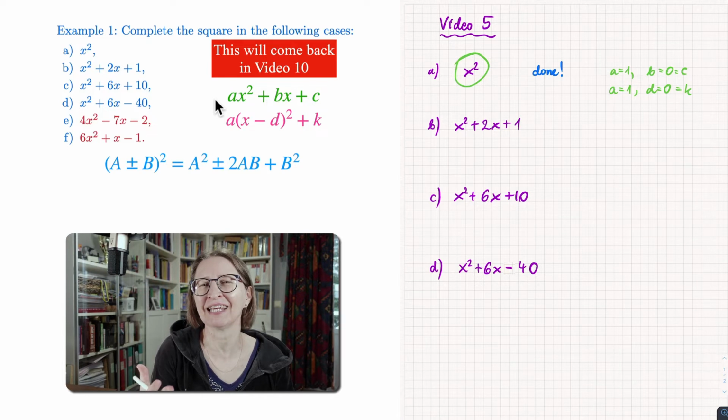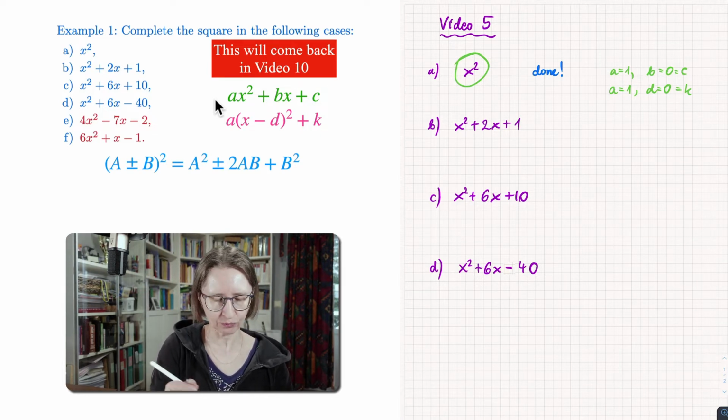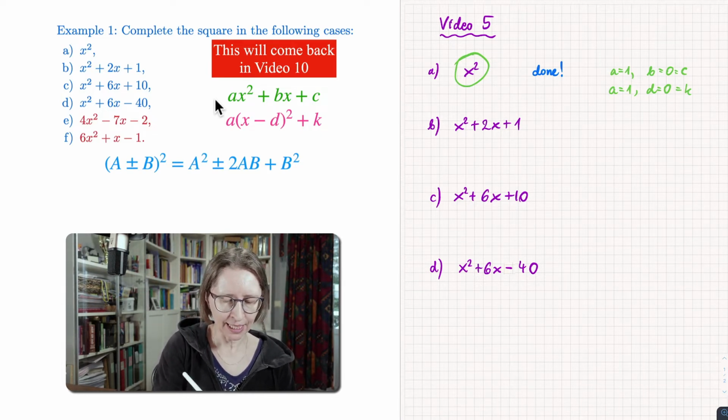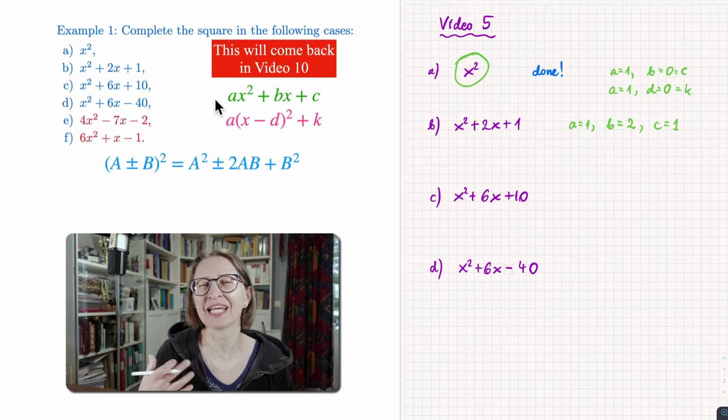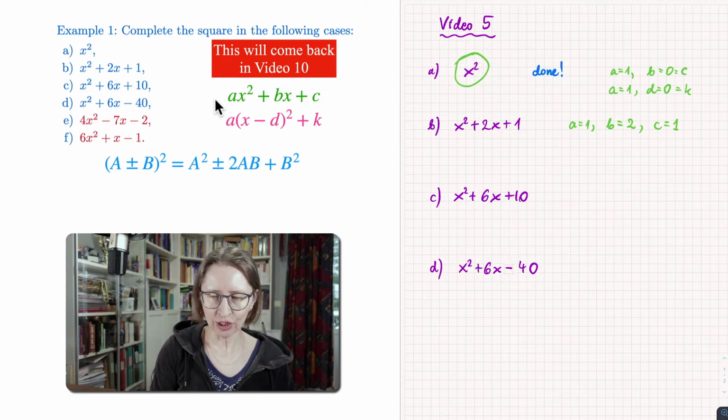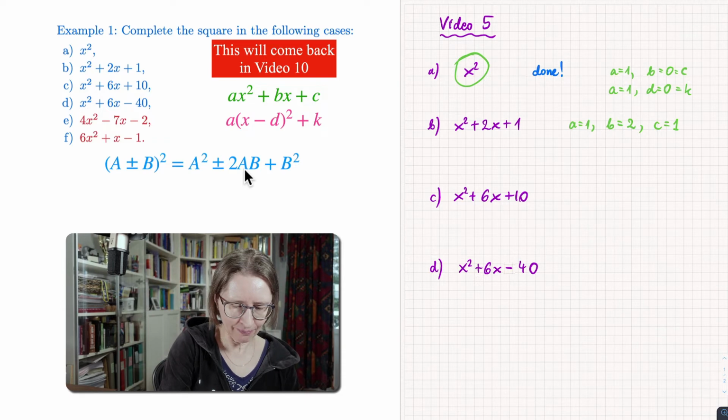We already had a square, right? What about the second one? In the second one, we have a equal to 1, b equal to 2, and c equal to 1. So it is really a trinomial, right? We have 3 terms. And now we want to apply this formula with A equal to x.